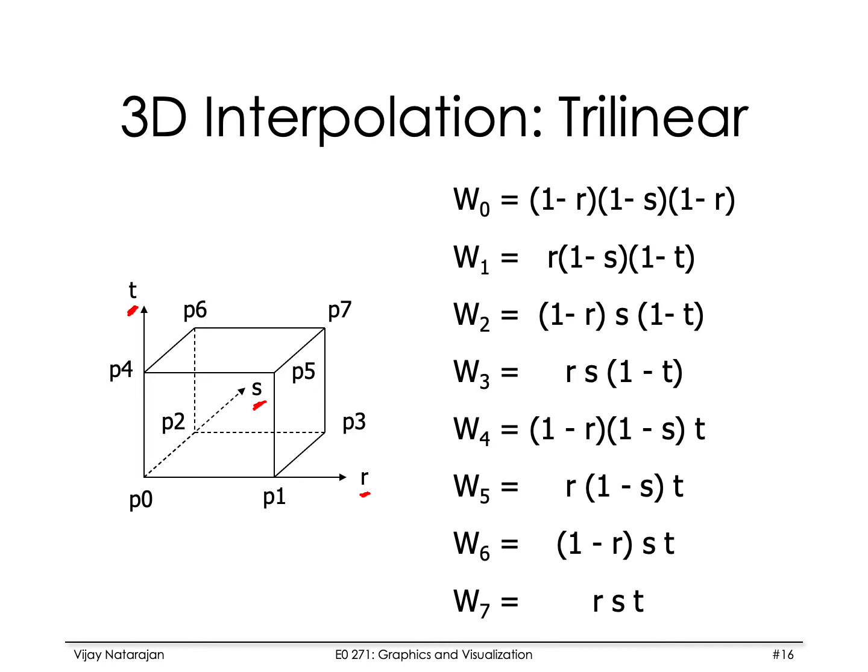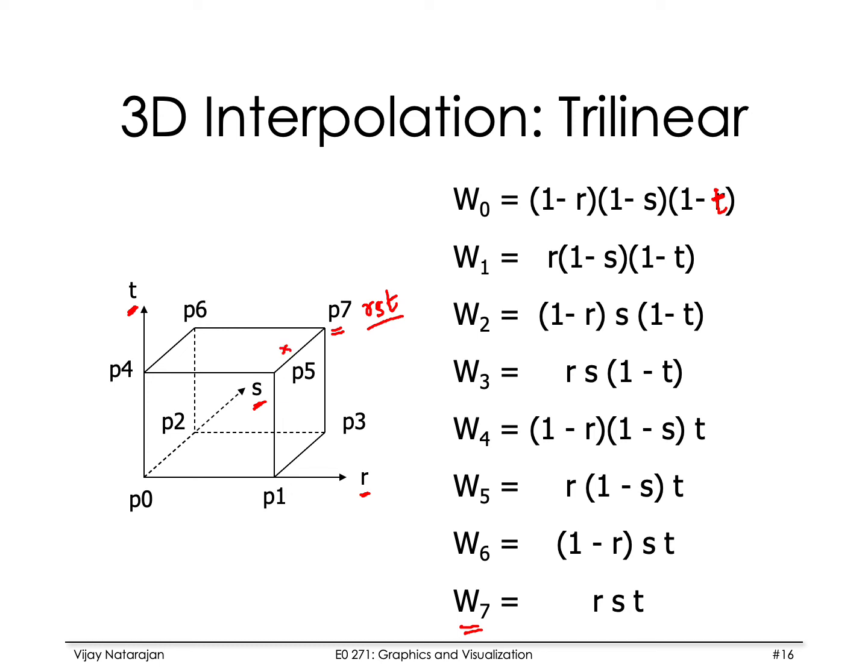I think there is an error here, so this should be 1 minus t. So what this is saying is W7, the weight associated with the vertex 7, is simply RST. So this is equal to the product of the coordinates that you have.